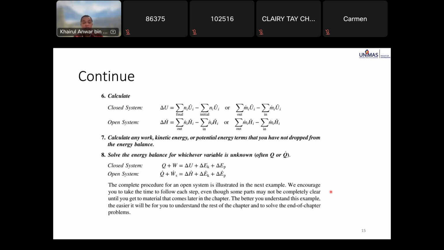Then calculate delta U and delta H. Delta U refers to final minus initial for a closed system, and for an open system it is the enthalpy.